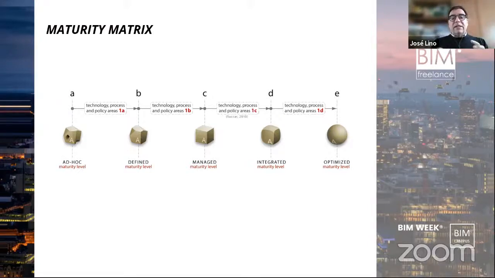D is the fourth level, when we have it integrated. Everything is not only defined but also managed and integrated with each other. And the last one, when you have it optimized, so you are more than integrated. You are always looking ahead and always making things better, using the method of continuous improvement in everything you are doing. So these are usually the 5 standard levels.